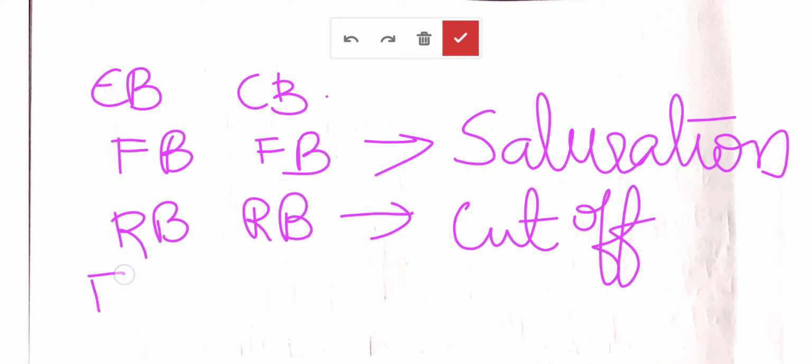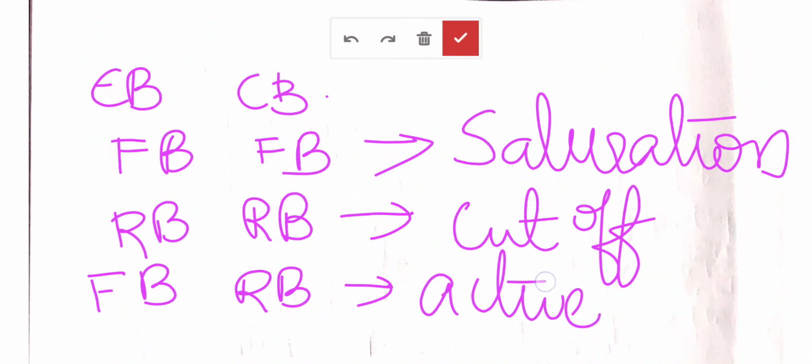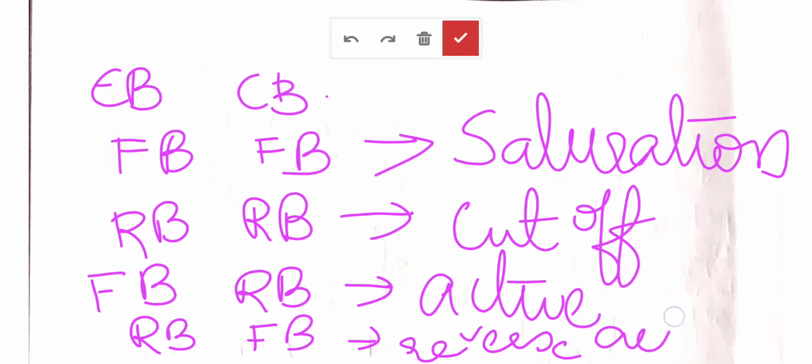And if emitter base is forward biased and collector base is reverse biased, then it is active mode. It is active mode. And one more is if emitter base is reverse biased and collector base is forward biased, then it is known as reverse active. Reverse active, which is not much used.